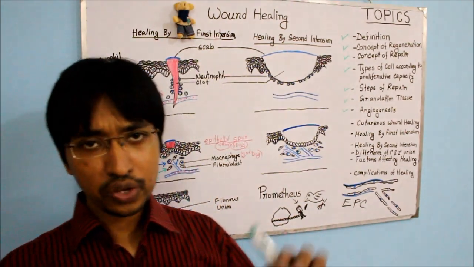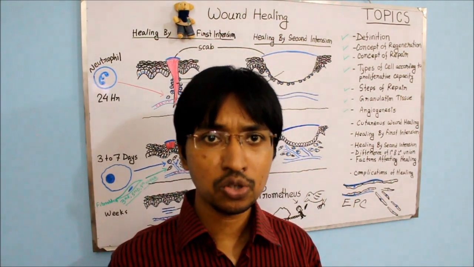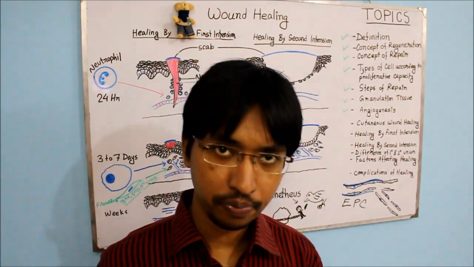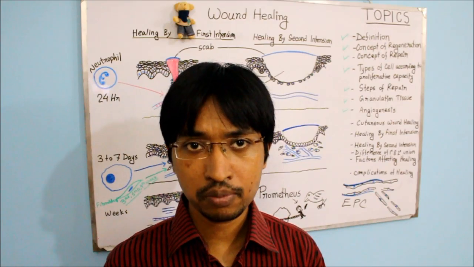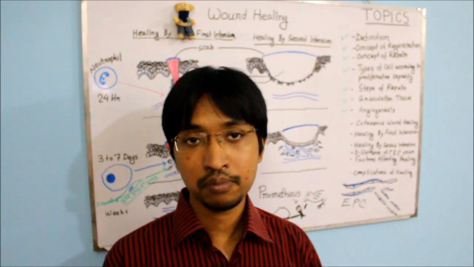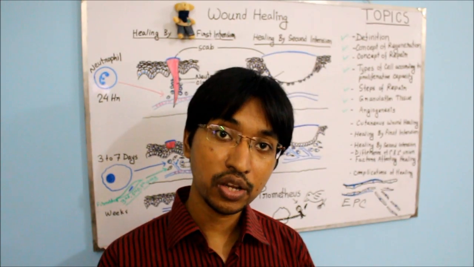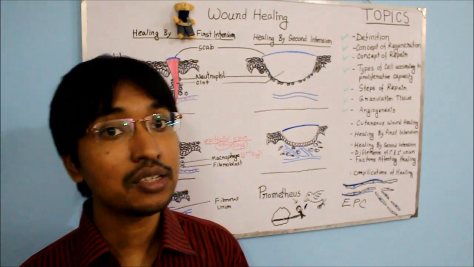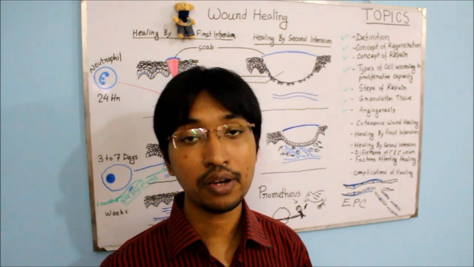And there are a lot of events that occur, and we will talk about that hopefully in another lecture on inflammation. So for today's cutaneous wound healing lecture, just remember that during wound healing, first there was formation of blood clot and hemostasis. Then there was the phase of inflammation.